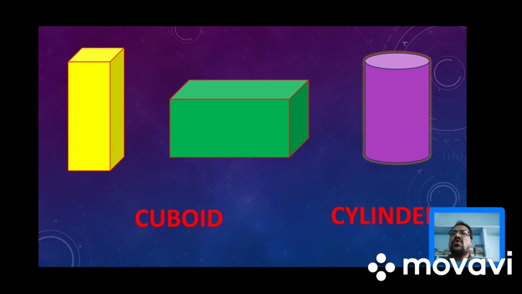These are a few more 3D figures. Cuboid, which has 6 faces, but each of the 6 faces is a rectangle or square in shape. All are not in the same shape.